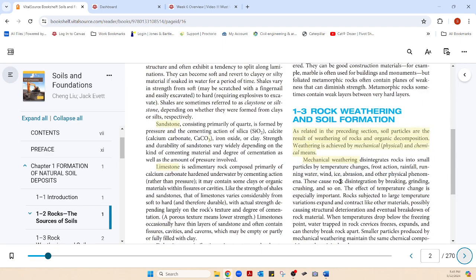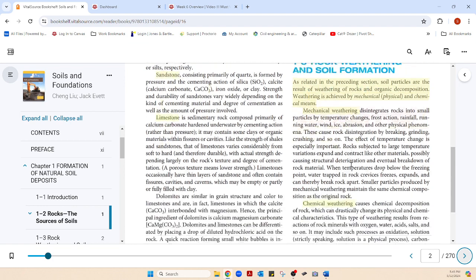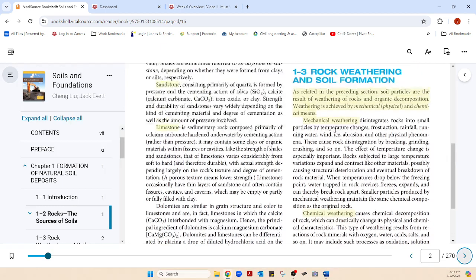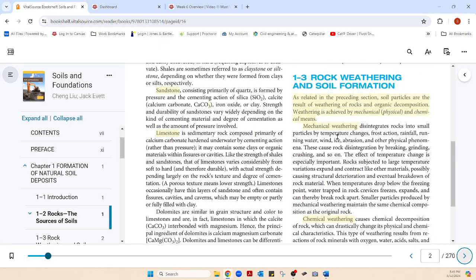Let's move on to weathering and soil formation as a result of weathering. We'll get into this a little bit deeper. There's mechanical weathering, and then there is chemical weathering. I want you to be a little bit aware of what they are.